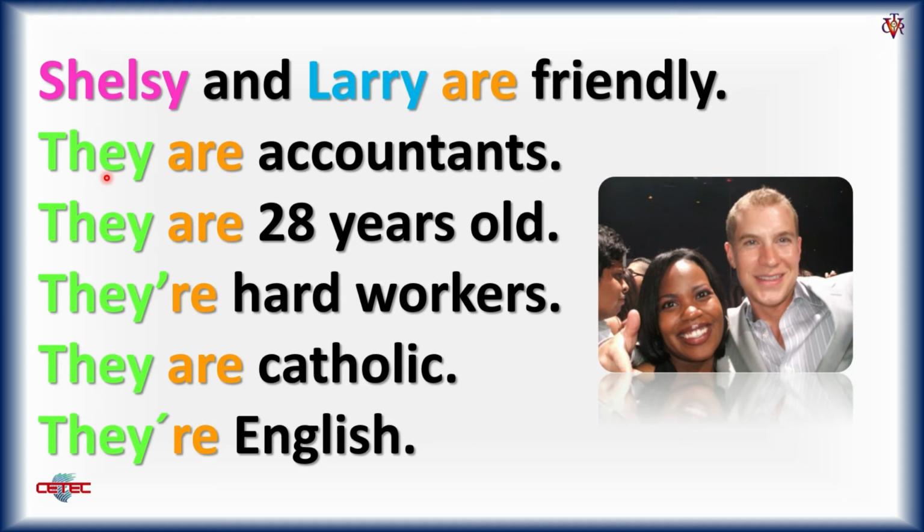This adjective now describes that here in the picture Chelsea and Larry are, because it's more than two, and probably they are accountants. Don't forget in this part that you can use here the apostrophe. They, space, apostrophe, and R and E. Here is in a full form.